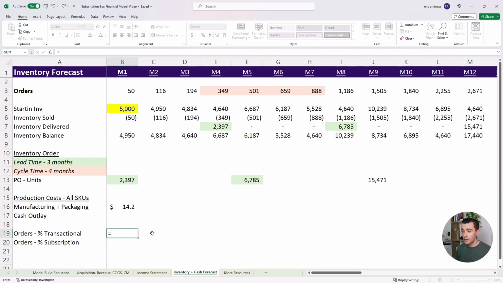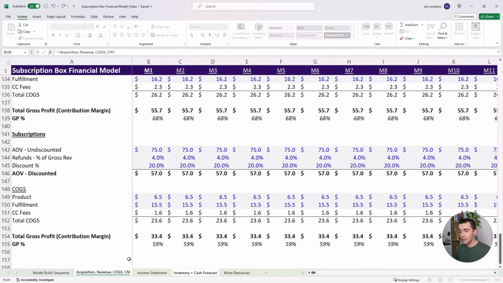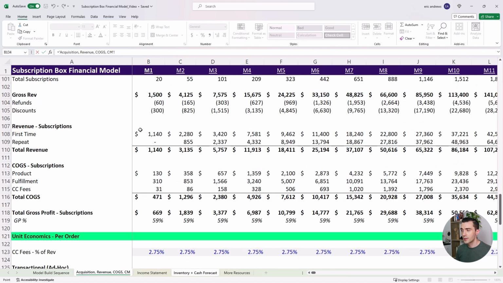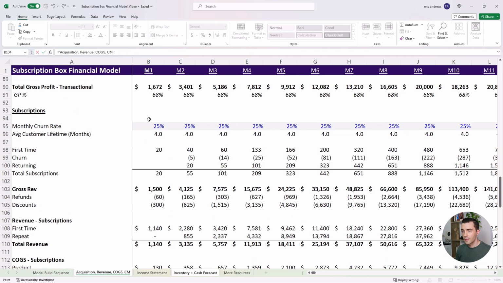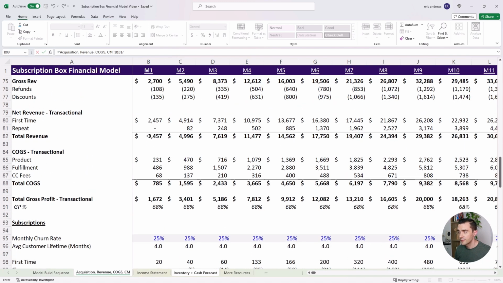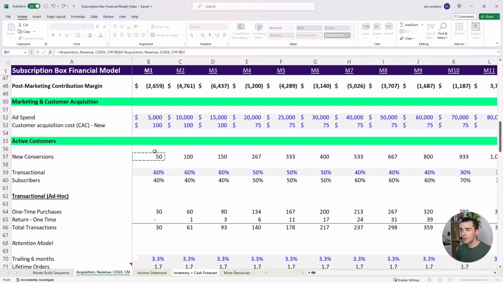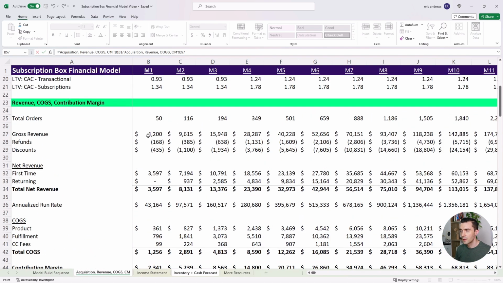So what I'm going to do is go back to my forecast for transactional versus subscription, and I'm going to say, okay, how many orders did I have that were subscription divided by what were the total orders running through the business? So the total orders were here.